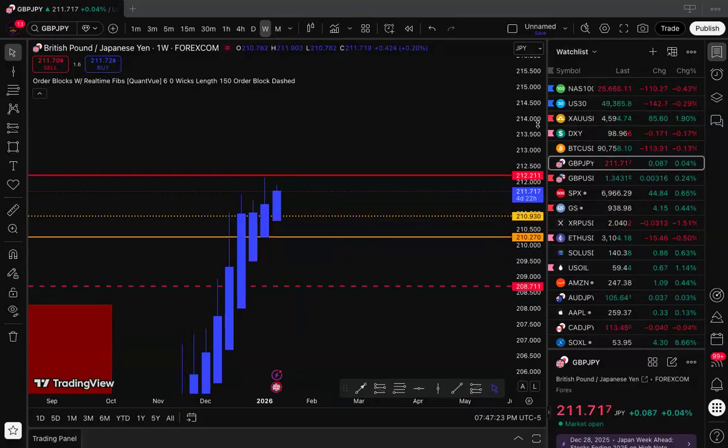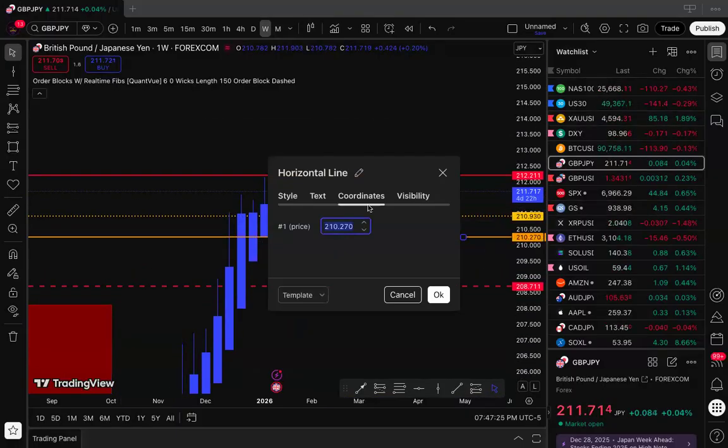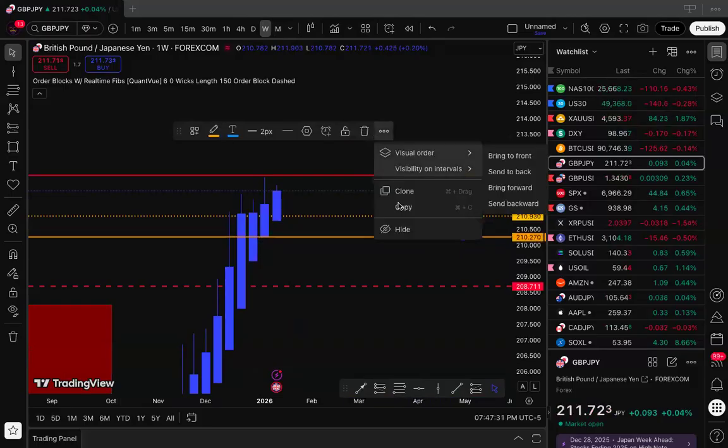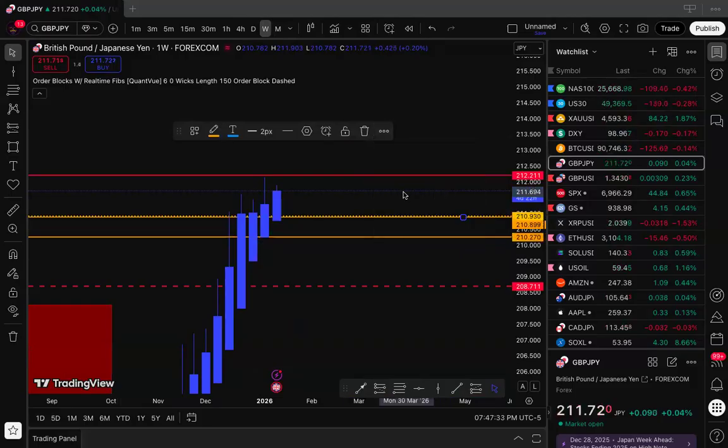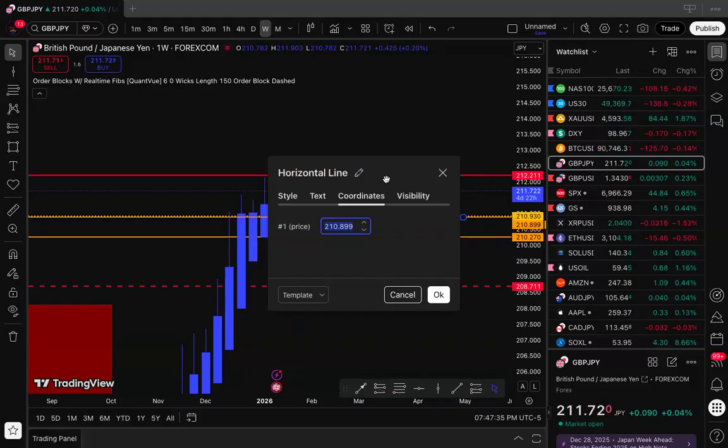So we got the weekly high. The weekly high 211.903.